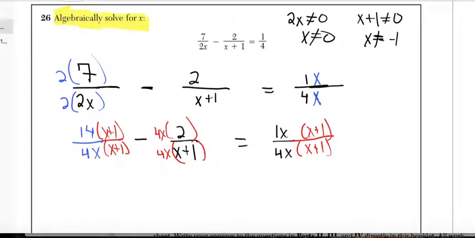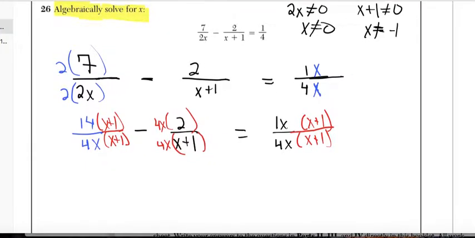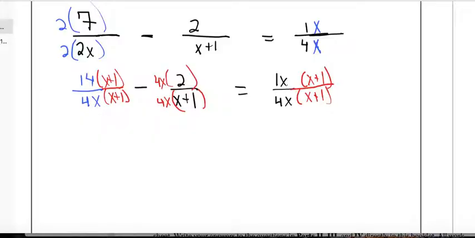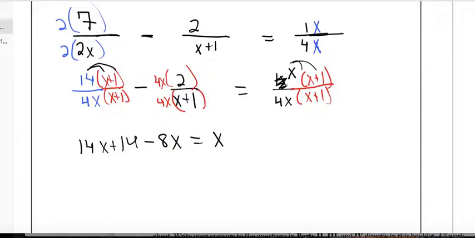So all I care about now is the numerators, all right? So if I distribute 14, I'm just going to use the numerators now. 14x plus 14 minus 4x times 2 becomes minus 8x equals, I don't need this 1 anymore, so it's just x times x plus 1, which when I distribute, I get x squared plus 1x, or just x.